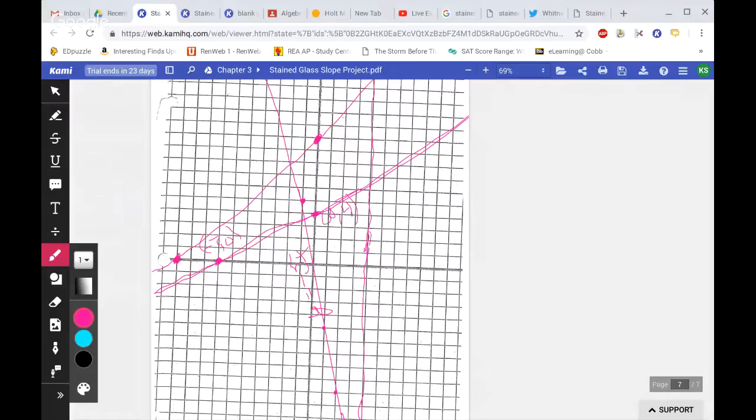Miss Sparks, on my last X and Y intercept, there's a 12 for the X, but it only goes to 11. So how should I work that out? That's what I was talking about. Remember the other day when I said, "Hey, you're not going to be able to graph these," and that's what I was talking about. If I were you, I would just draw it at the very edge of the paper and connect that.